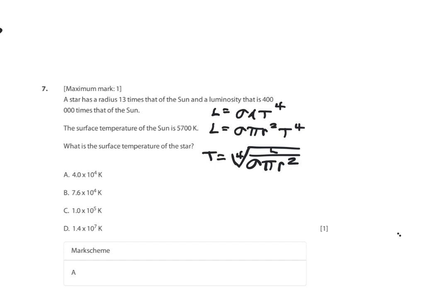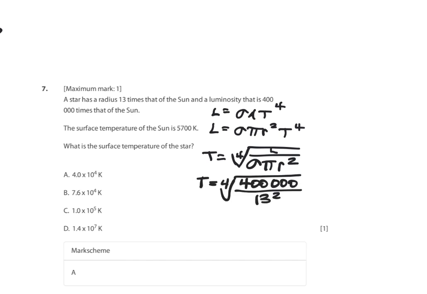This new star has 13 times the radius and 400,000 times the luminosity. Do you like how they broke that 400,000 across lines? They're killing me here. We're going to get a proportional change, and then we can apply that proportional change to the original surface temperature of the sun.